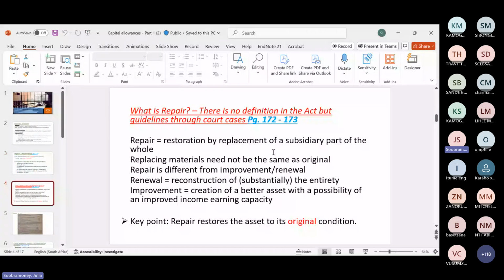And you will see, I'm sure you noticed when you did gross income and general deduction, in tax there is a lot of case law. The reason there's a lot of case law is because sometimes certain companies or individuals take SARS to court to fight something. SARS will say, no, we believe it's not deductible, but maybe the individual or the company will say, no, we believe it is deductible.